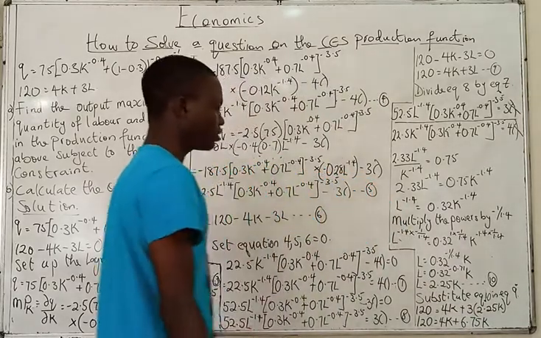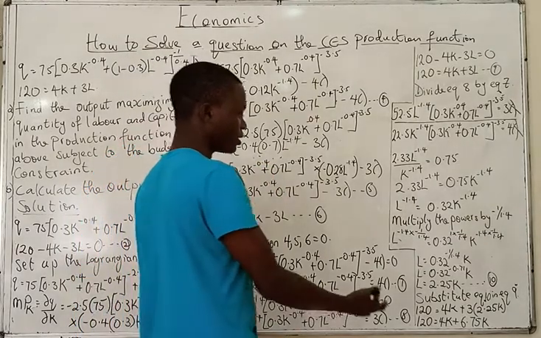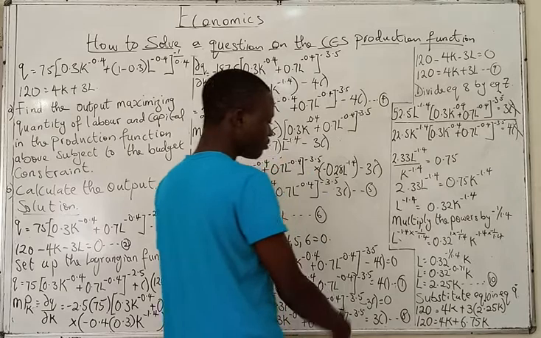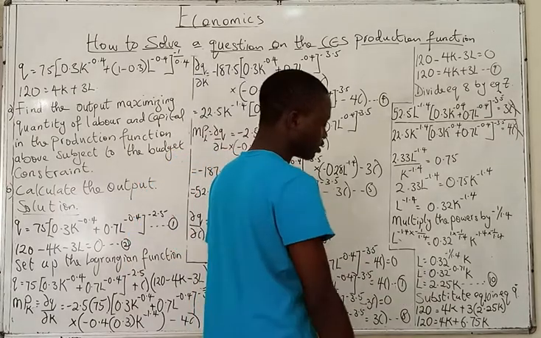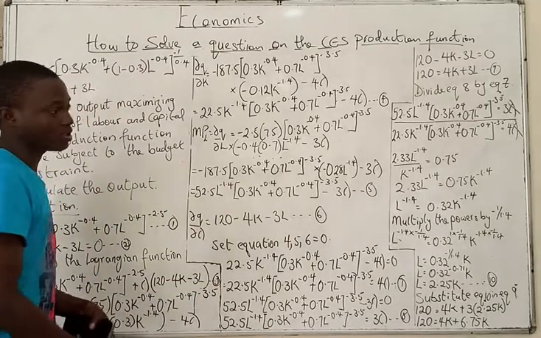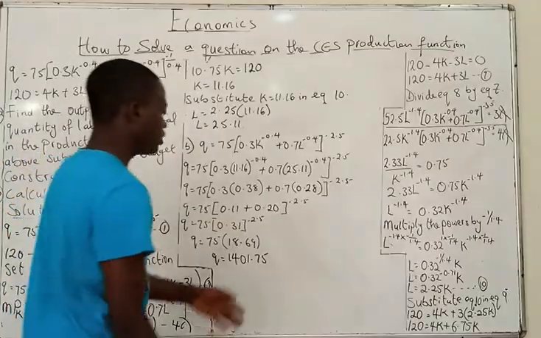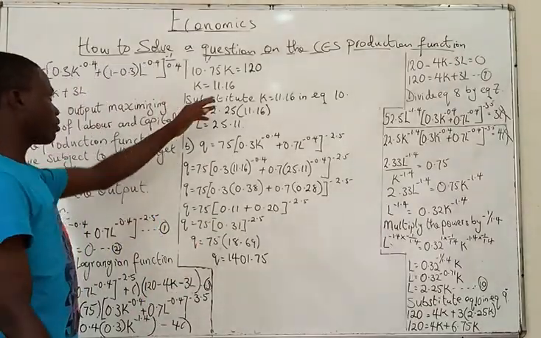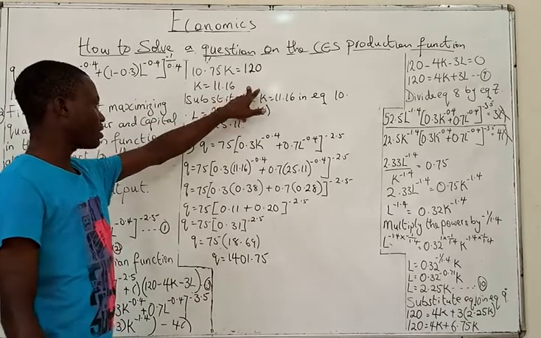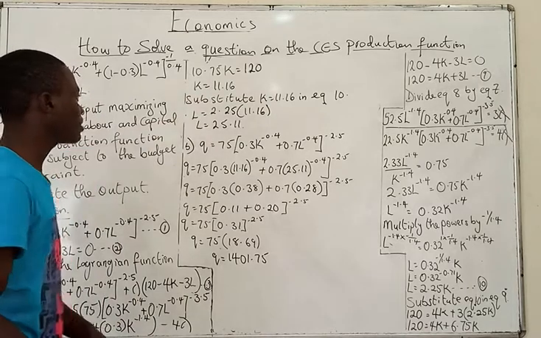So 120 equals 4K plus 6.75K. So 4K plus 6.75K is going to give us 10.75K, so 10.75K equals 120, and K equals 120 divided by 10.75, and that's going to give us 11.16 approximately.